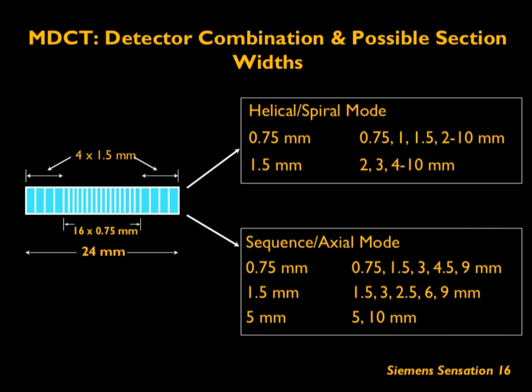On this particular detector array, the user can acquire the data as either 4 by 1.5 millimeter slices or 16 of 0.75 millimeter slices.